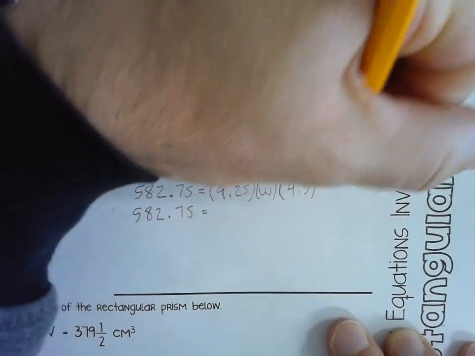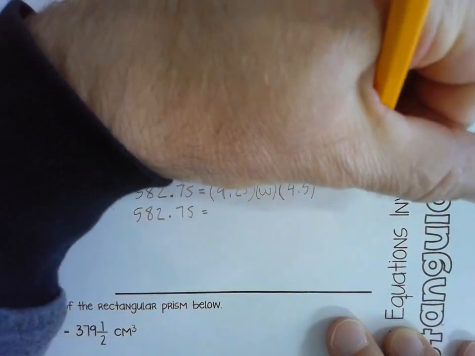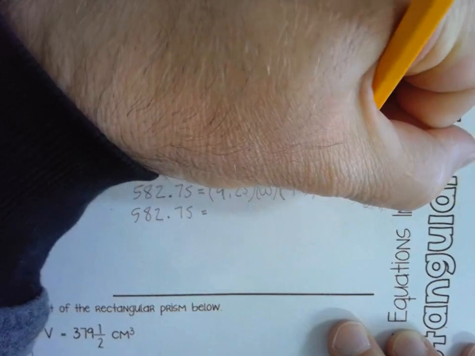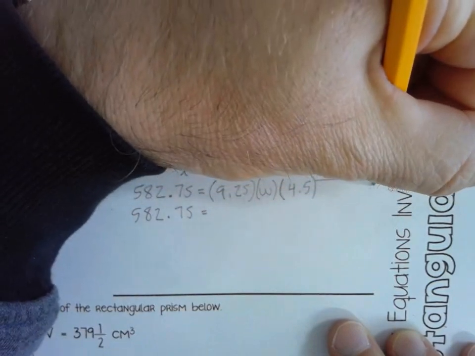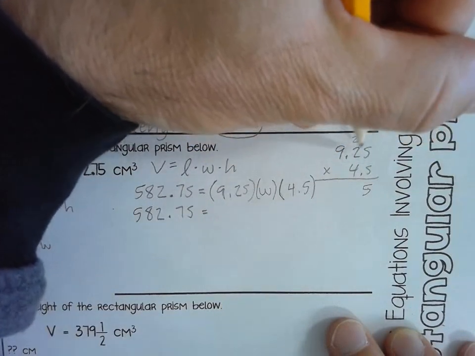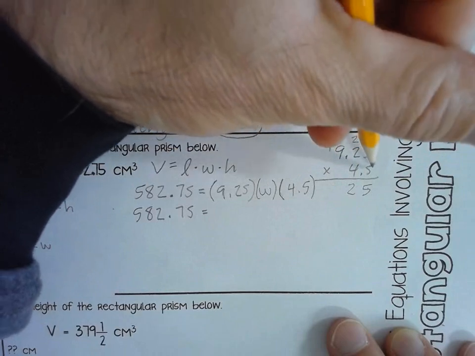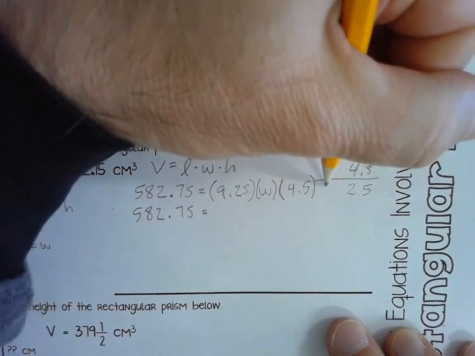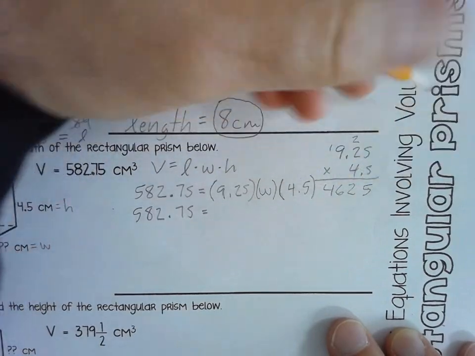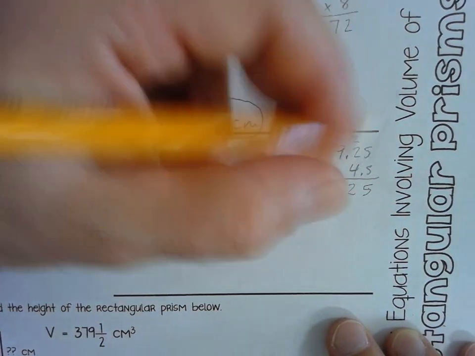9.25 times 4.5. Basically, ignore the decimals, just multiply, and then see what you get. So that's 5 times 5 is 25, 5 times 2 is 10, plus 2 is 12, 5 times 9 is 45, plus 1 is 46, and now I have to multiply 4 times 5, so that's 20.